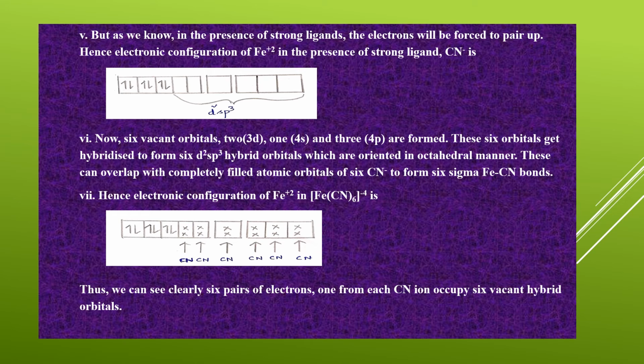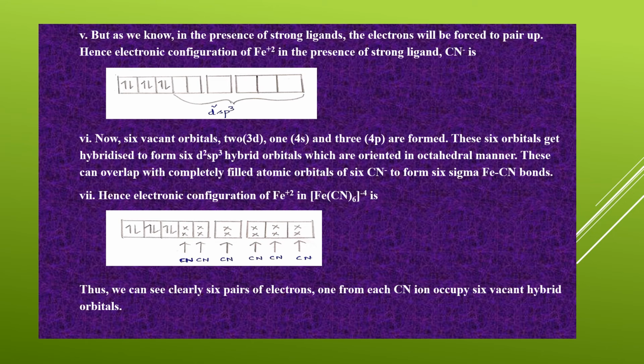Hence, the electronic configuration of Fe2+ in the complex ion [Fe(CN)6]4- is as you can observe in the figure given below.